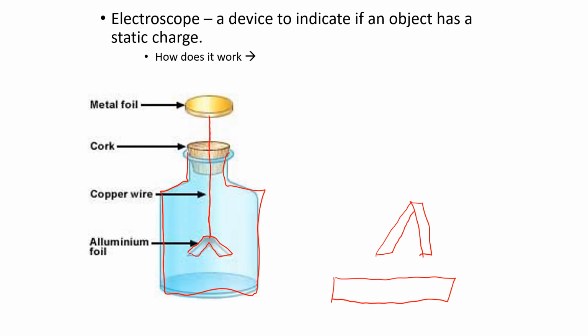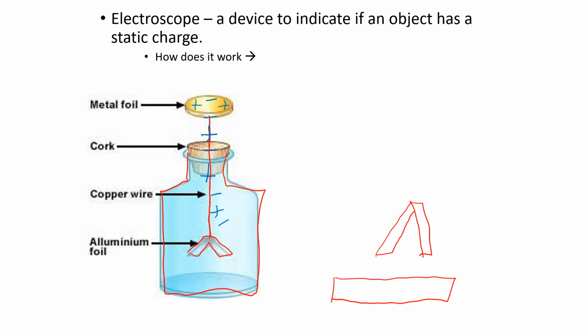Now, let's imagine that this device right here is an electroscope, and that it is neutrally charged, so there are positives and negatives, positives and negatives throughout.